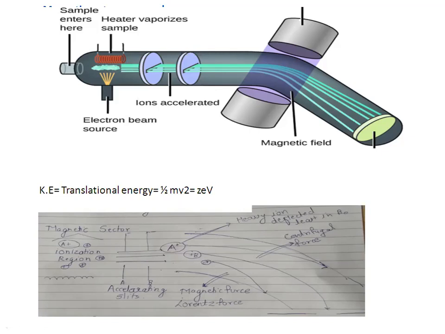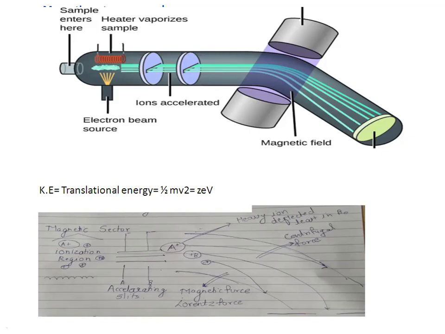After leaving the accelerating slits, we can see that there is a difference in the velocities of those ions. Now, to sort those ions, what additionally we do is apply a magnetic field with the help of either an electromagnet or a permanent magnet. When we apply a magnetic field onto those ions, these ions are deflected, meaning their path or trajectory is changed.